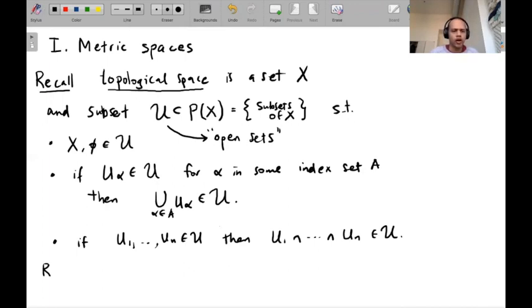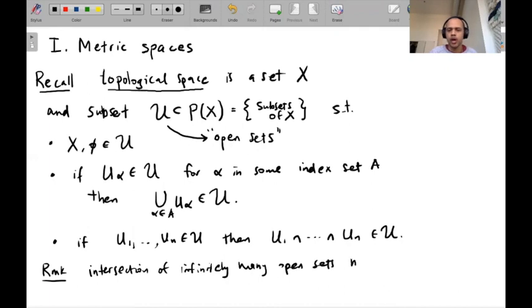So a remark is that intersections of infinitely many open sets need not be open.